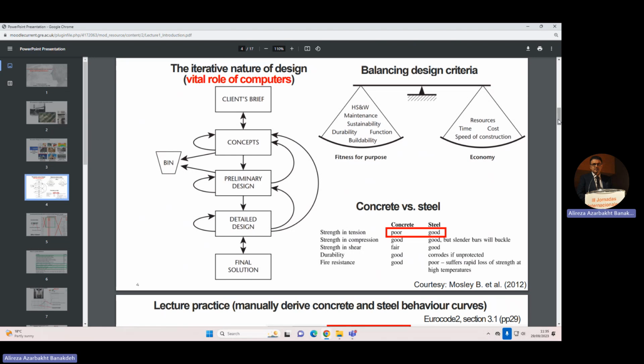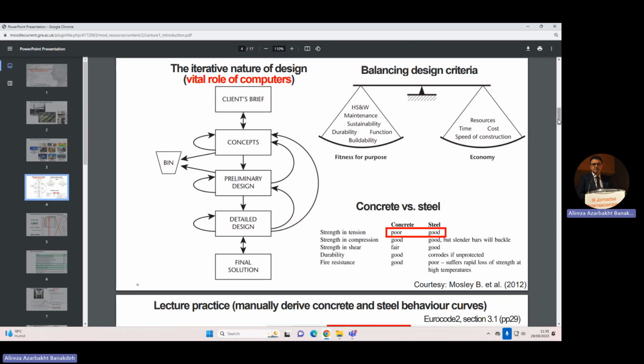For example, this represents the economy: resources, time, cost, and speed of construction. And these are about fitness for purpose, which covers health and safety, maintenance, sustainability, durability, function, and buildability. If you increase each of these, you need to pay more cost.